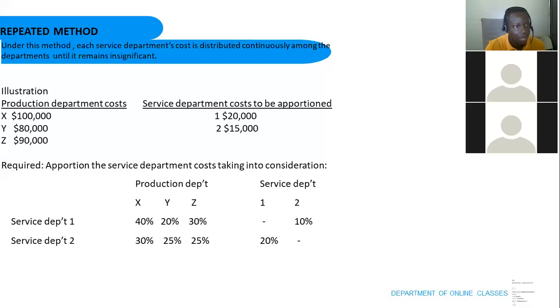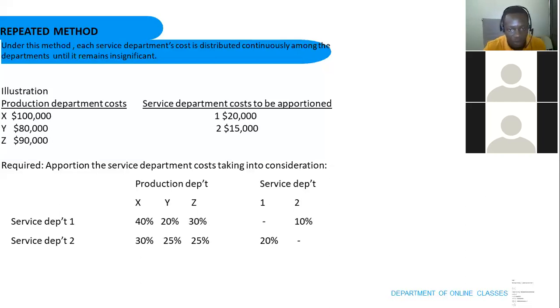Okay, now I'll make room for questions on this method, the repeated method. If you have any question, just unmute yourself and then ask. Okay, yeah.